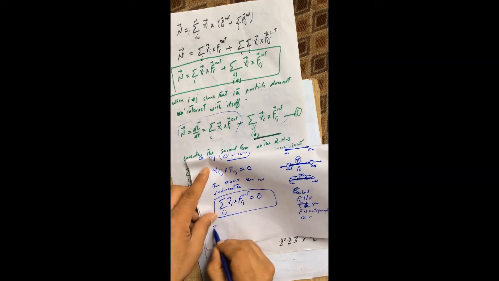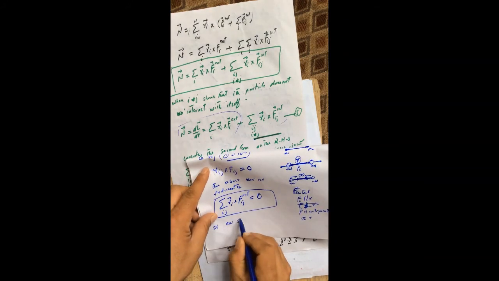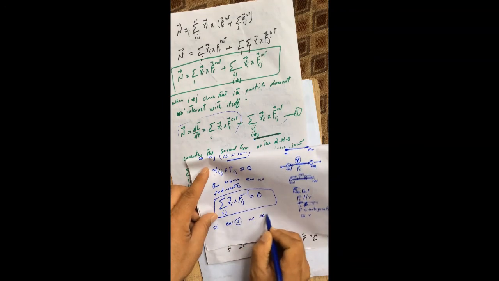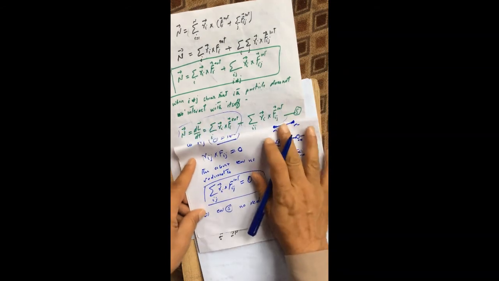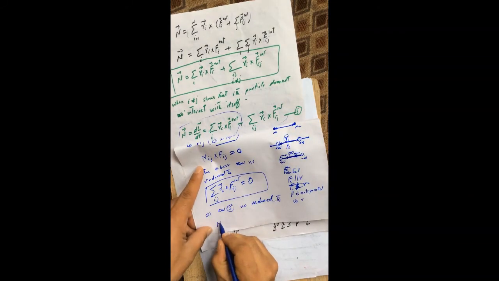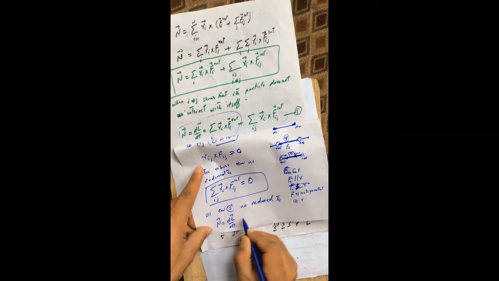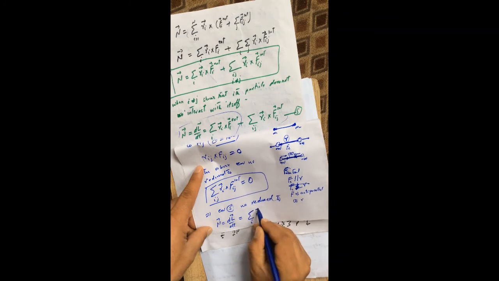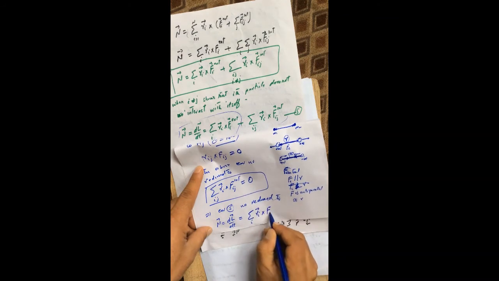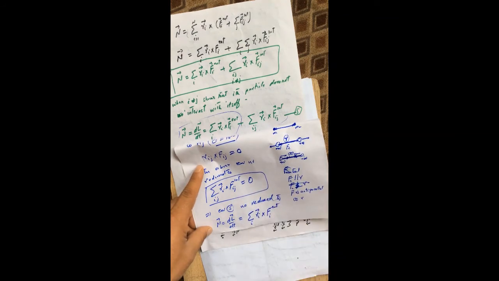So this implies that equation 5 is now reduced to N, which is equal to dL over dt, which is equal to the sum over i of R_i cross F_i external.